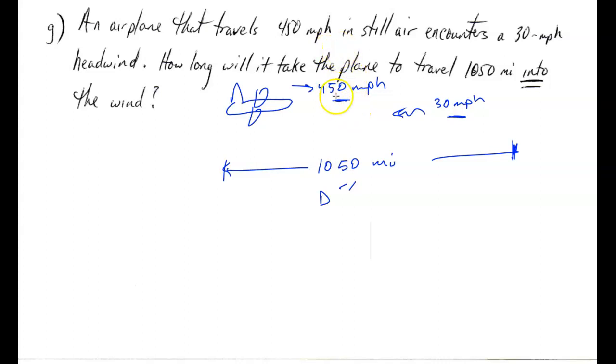So that means that the aggregate rate is going to be, let's say, this 450 minus the 30, which will be 420. Okay. So we're going to call this the net rate here. It's going to be 450 minus 30, which is 420.